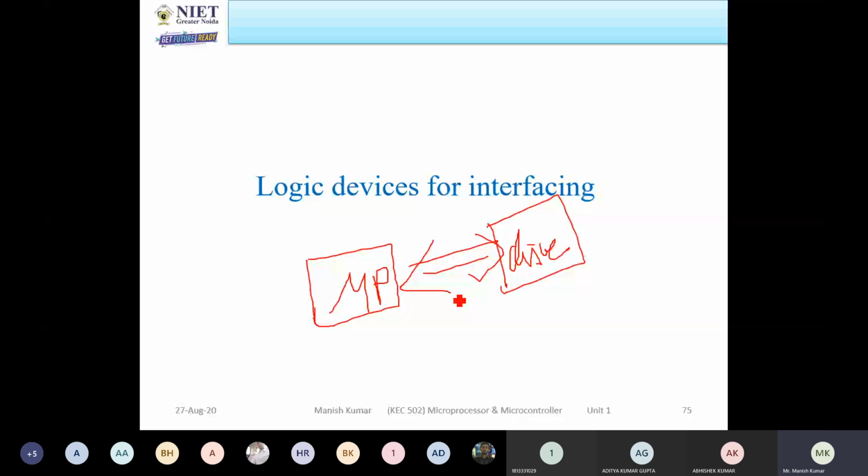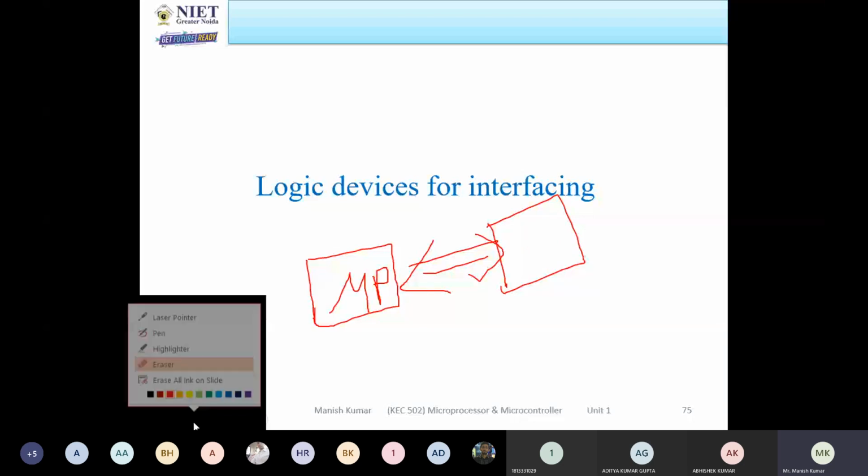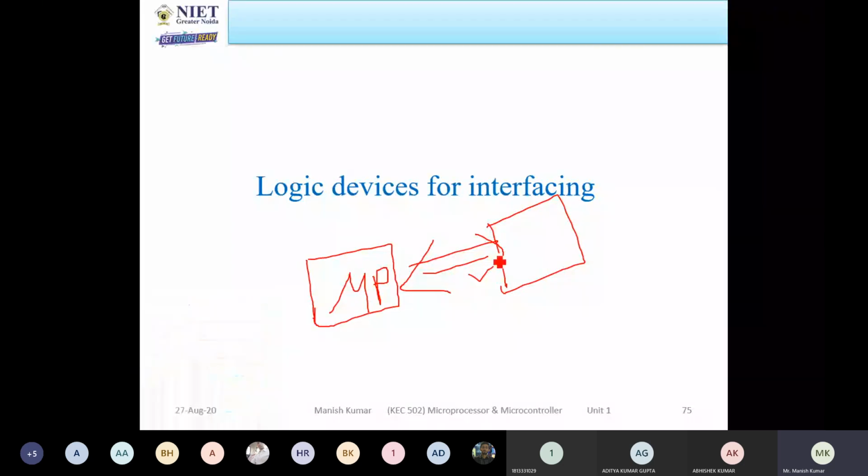Let us consider I am talking about logic devices. I will use it mostly for memory, so I will write memory. Now you have to interface the memory with the microprocessor. What will you do? Can you directly add the memory or not? Can you directly interface it, or do you need another device to interface it? Anyone having an idea?